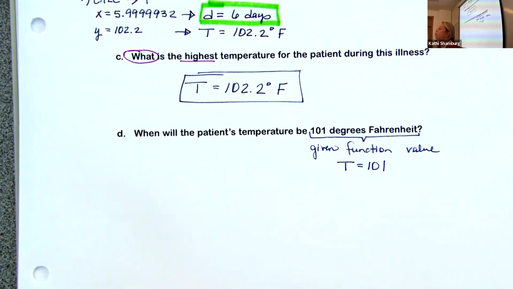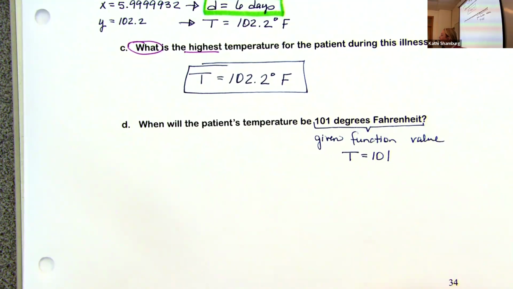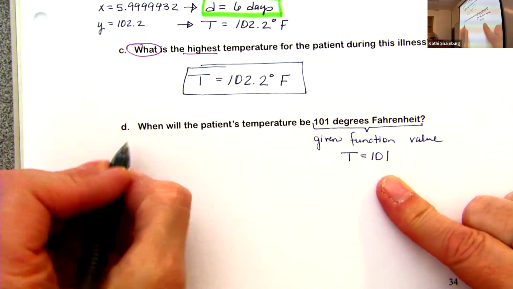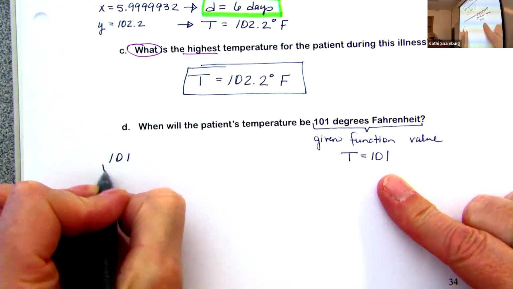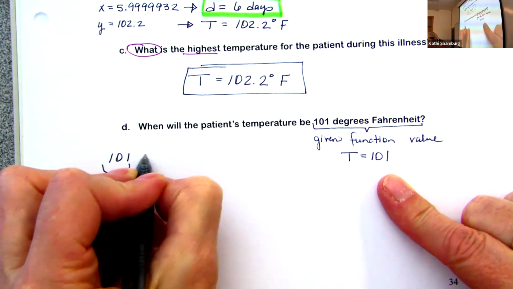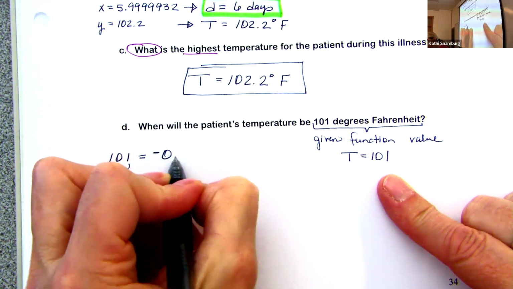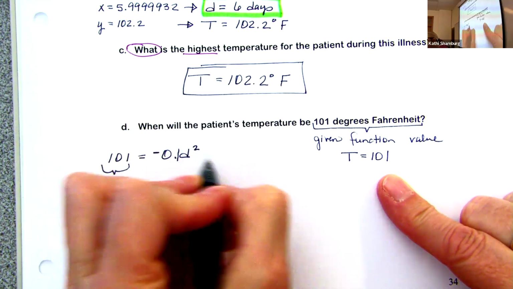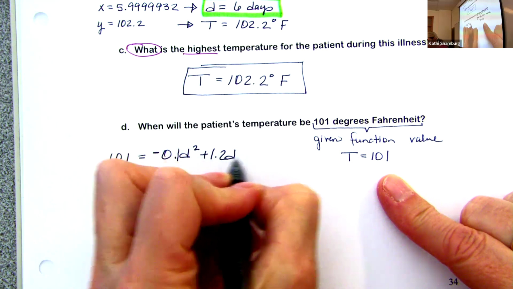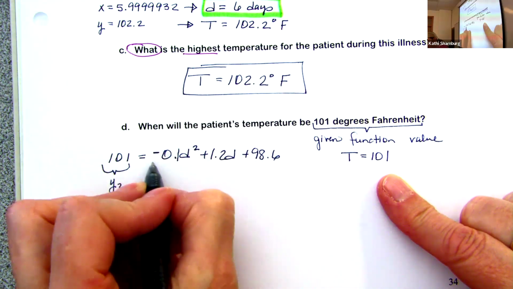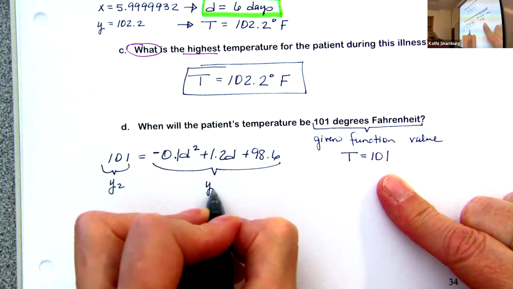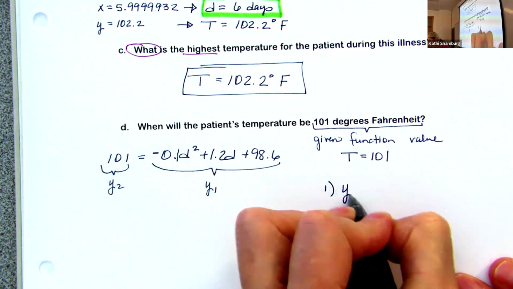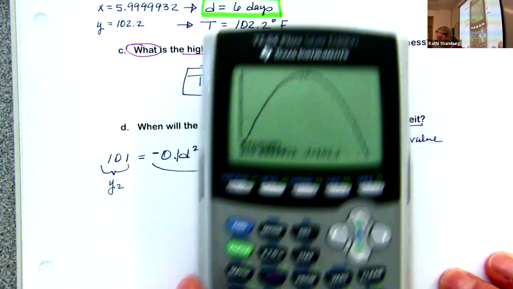Okay, we don't use Calc 1 in this one. The only time you use Calc 1 is when you're given the variable. We're given the function. How do we do that in our calculator? This is your Y2. So I'm going to go ahead and write it all. We already have this in our calculator as Y1. So put in Y2 equals 101.